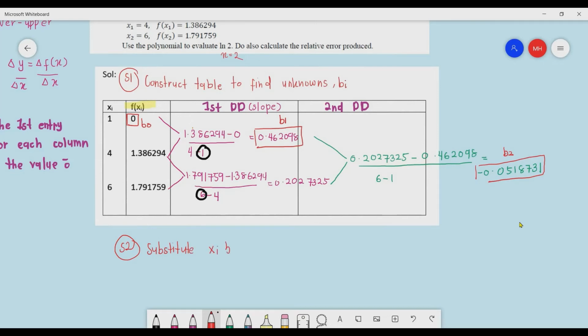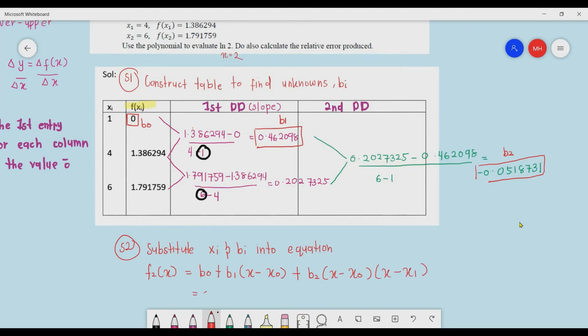So now, after you found what is b0, b1 and b2, you can substitute x and b into the polynomial, second order equation. For the second order, the equation is f2(x) equals b0 plus b1 (x minus x0) plus b2 (x minus x0) multiply (x minus x1).